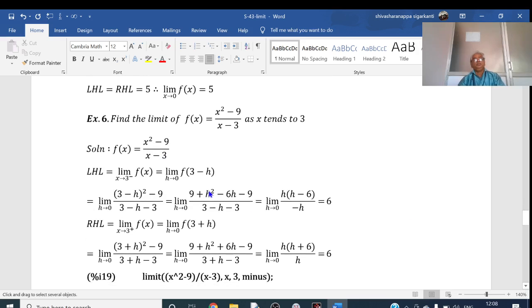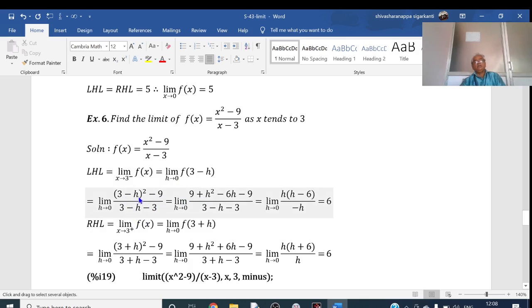Now the left hand limit LHL is equal to the limit of f of x as x tends to a, here 3, 3 minus. So replace x by 3 minus h and take h tends to 0. So the limit of f of 3 minus h as h tends to 0. My function is x square minus 9 divided by x minus 3. Here x is 3 minus h. So (3 minus h) whole square minus 9 divided by 3 minus h minus 3. So 3 gets cancelled here.